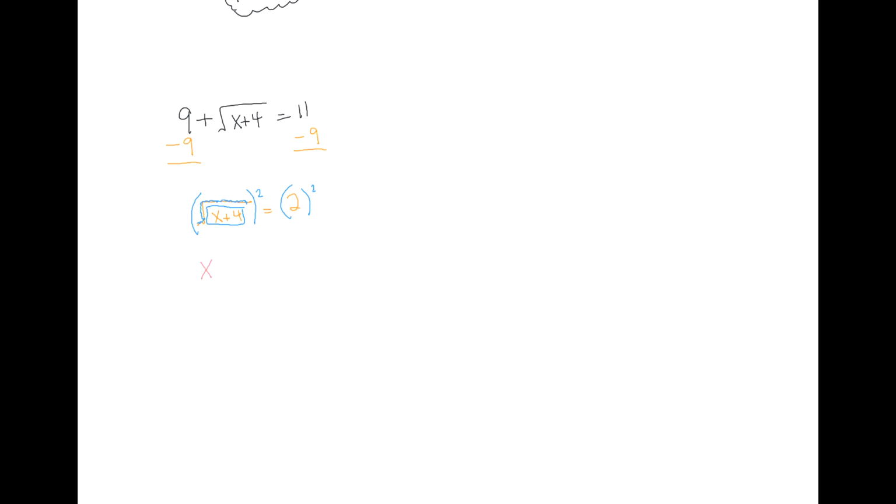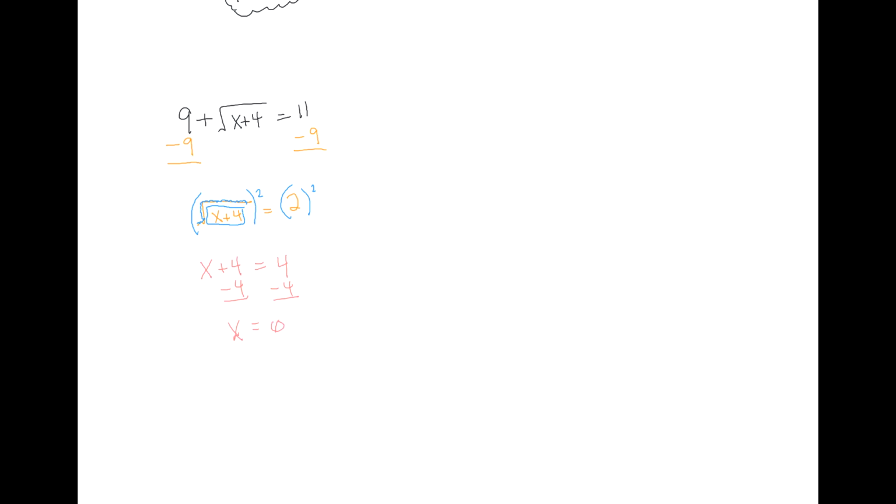So x plus 4 equals 2 squared, which is 2 times 2, 2 times itself. So I take away 4 on this side, take away 4 on the other side, x equals 0.